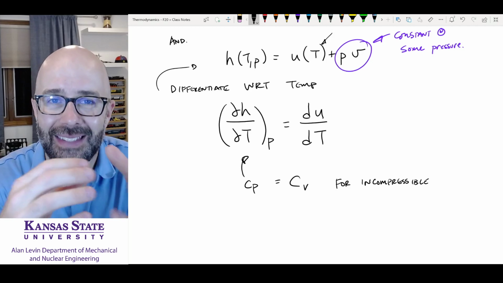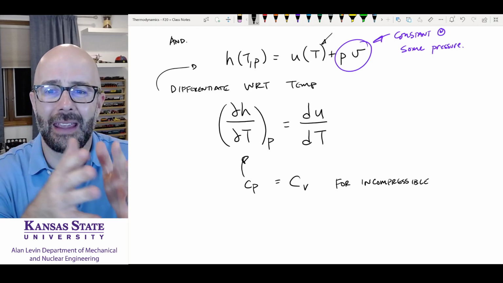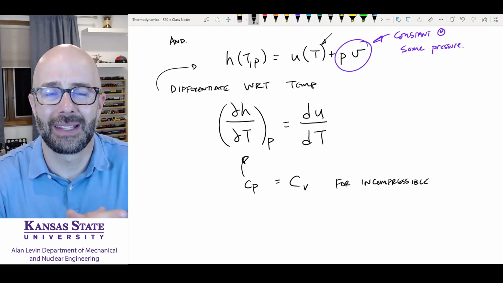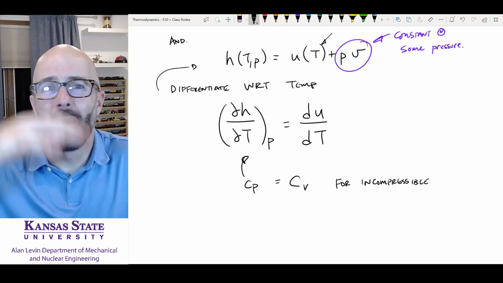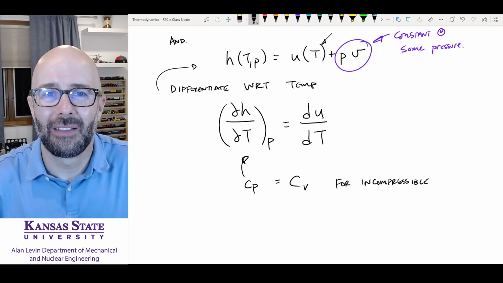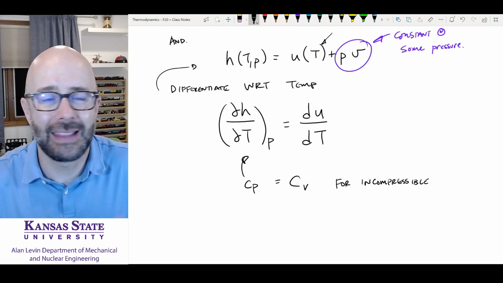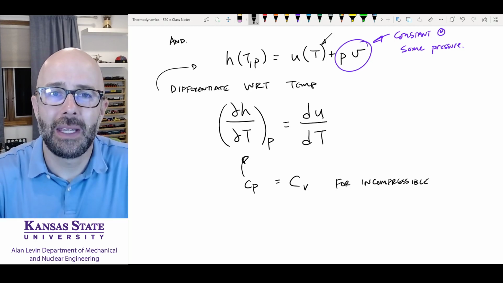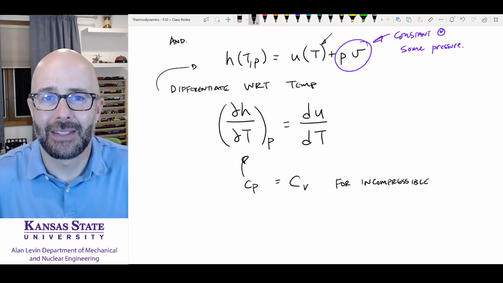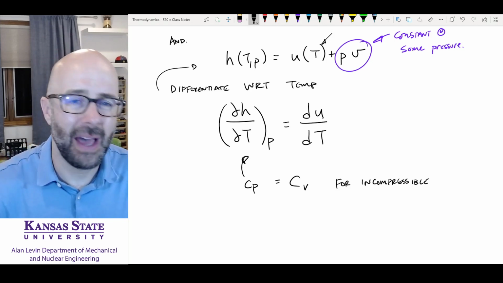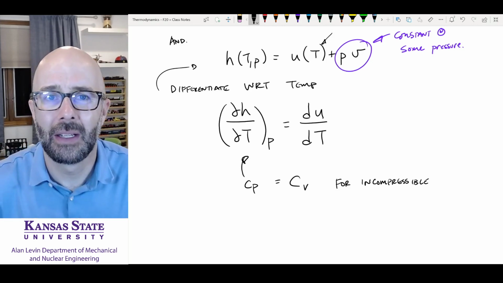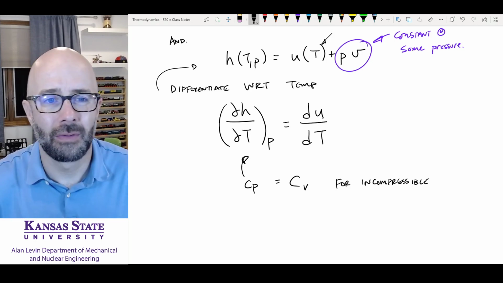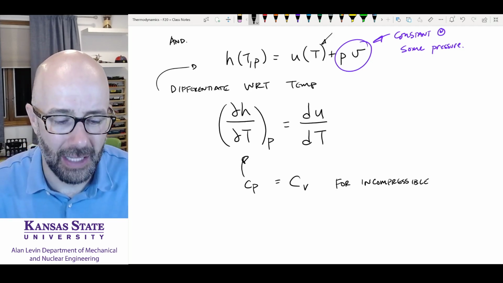And so it makes sense that in an incompressible substance, because the volume is not changing, these things should be equal. The same amount of energy would be added to them in these situations. And so we've shown it mathematically, and we can reason through it because we're very intelligent people.